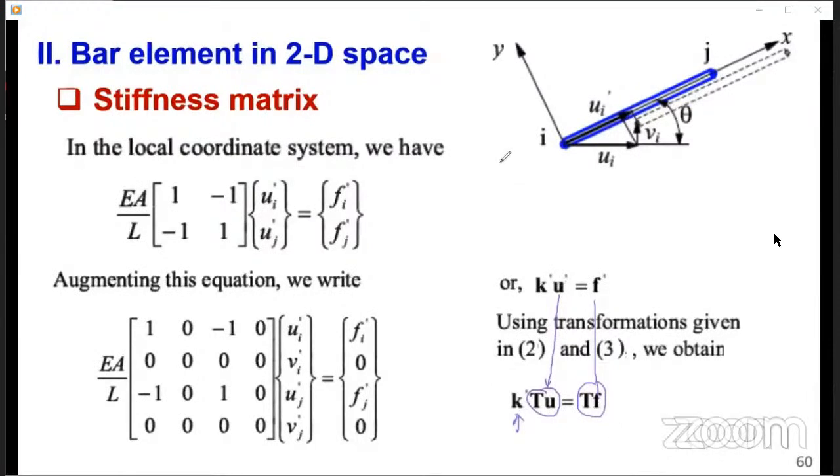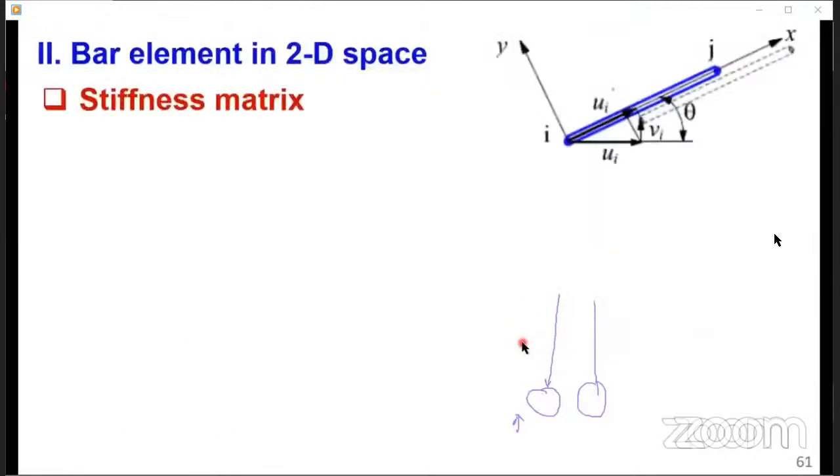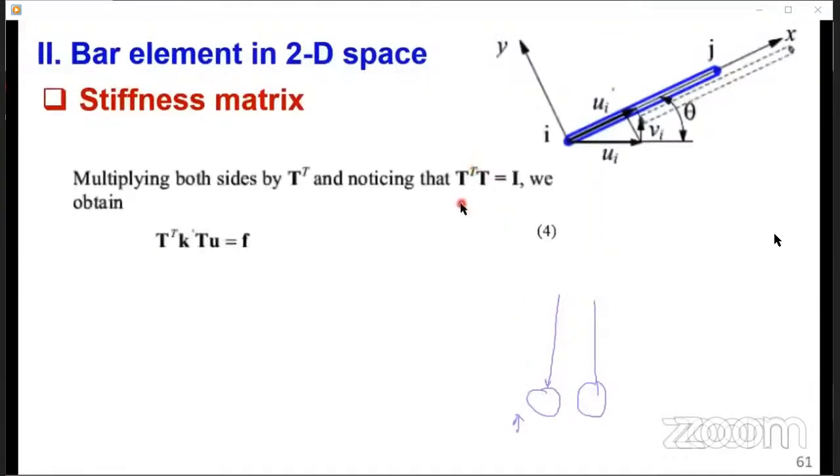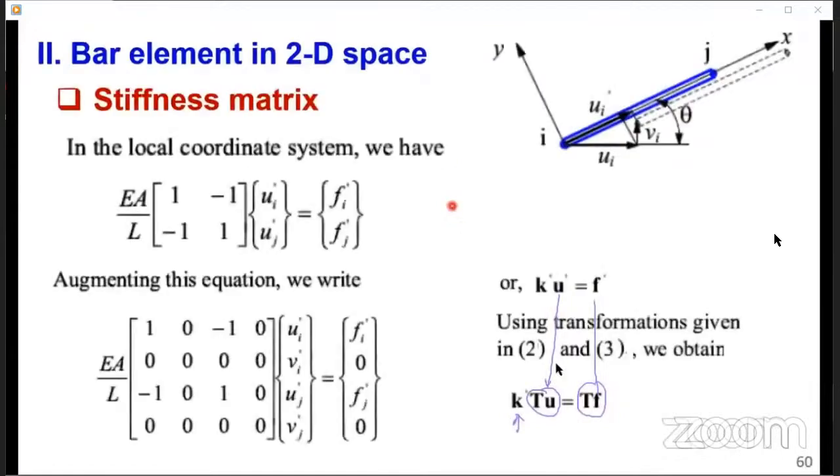Now, looking at this equation, F is equal to K U. In the global coordinate system, of course, we already have the F and we have the U. If you remove this T, everything comes to this side, and you have the equation for the global coordinate system.